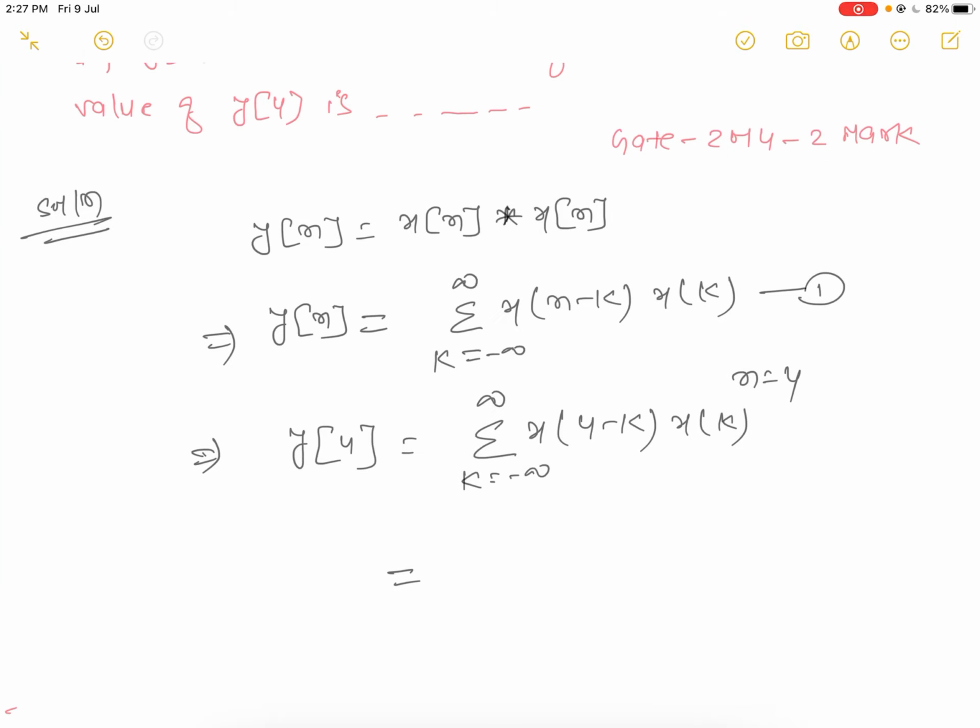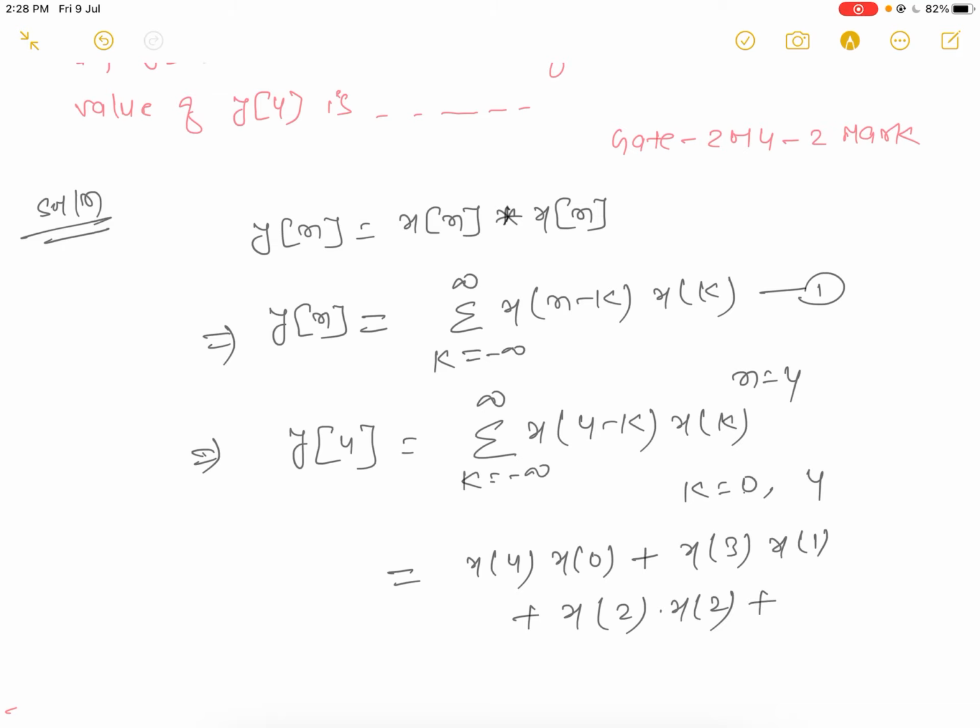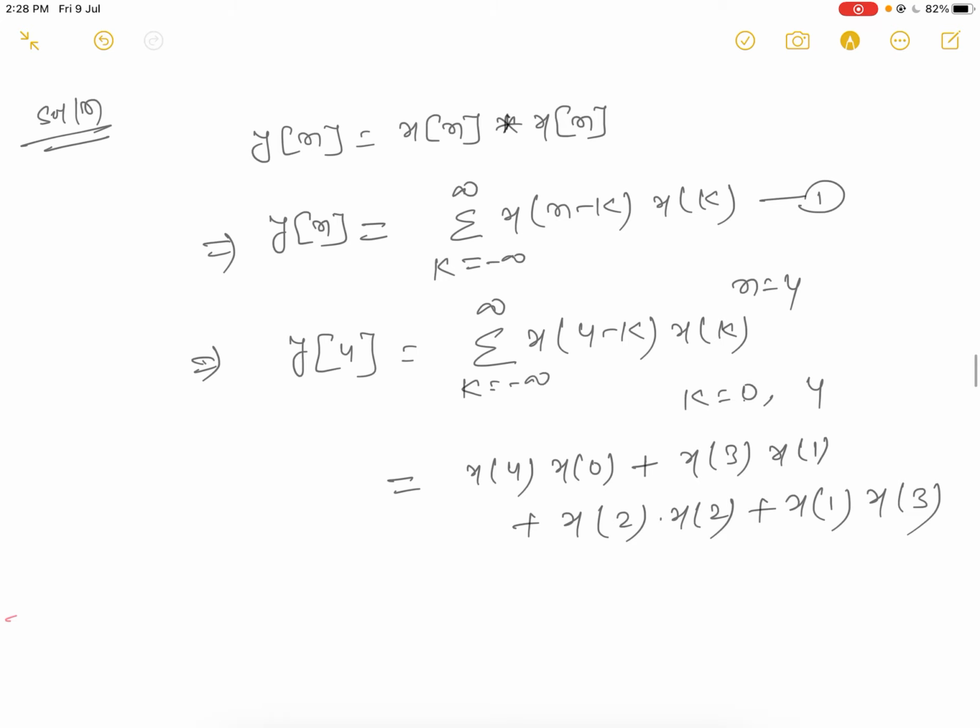Then what will happen? x[4] x[0] plus x[3] x[1] plus x[2] into x[2] plus x[1] and x[3] plus x[0] and x[4].